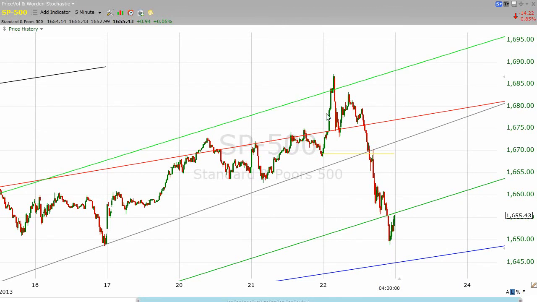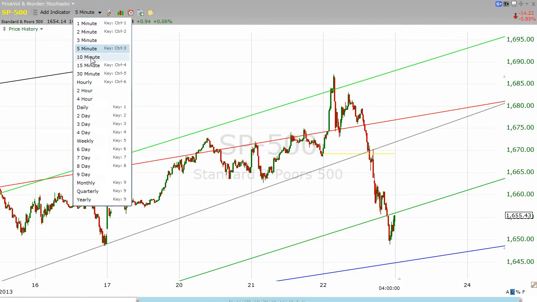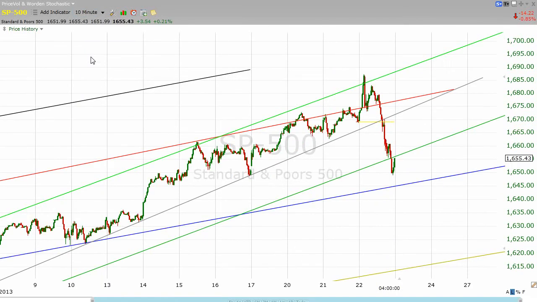In other words, we broke out over the top of this channel, and then we broke down below it. So I'm not ruling out that the S&P could get its way back inside this channel. We've seen this kind of thing happen more than one time since we've been doing this.